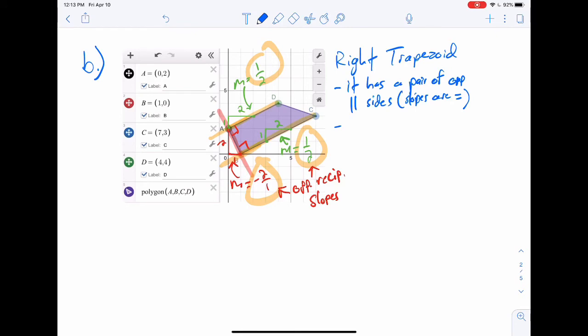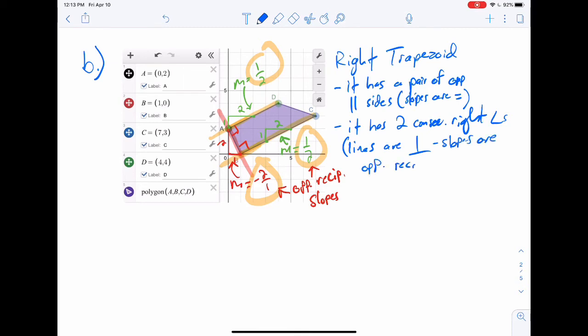And it has 2 consecutive right angles. Lines are perpendicular. Slopes are opposite reciprocals.